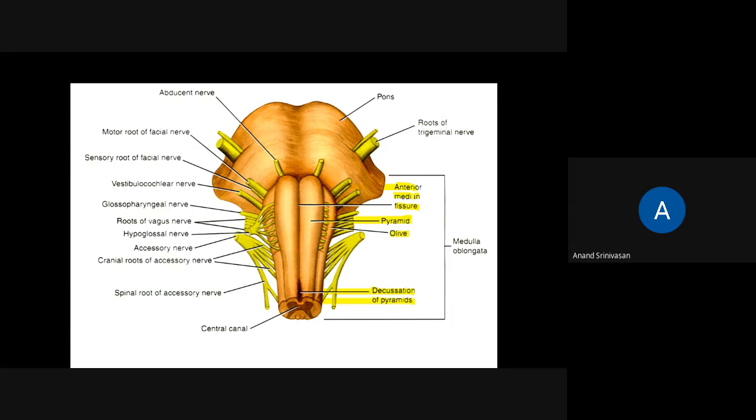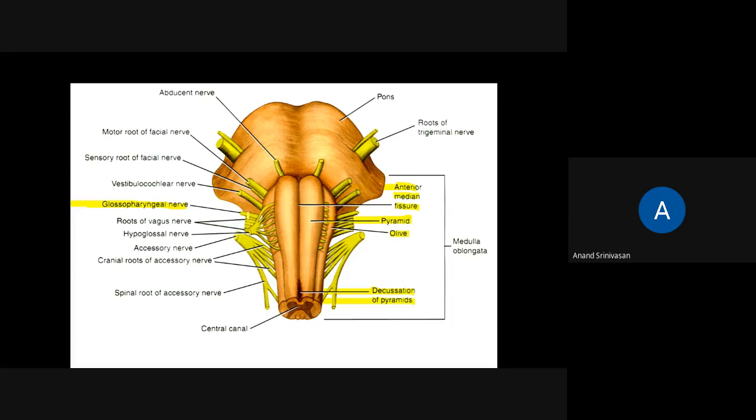So the anterior median fissure, the posterior median fissure I already showed you, the pyramid, olive, and decussation of pyramids. Now the 9th, 10th, 11th and 12th cranial nerves. What is the ninth cranial nerve? The ninth cranial nerve is the glossopharyngeal nerve. You can see that it is arising behind the olive, lateral to the olive.